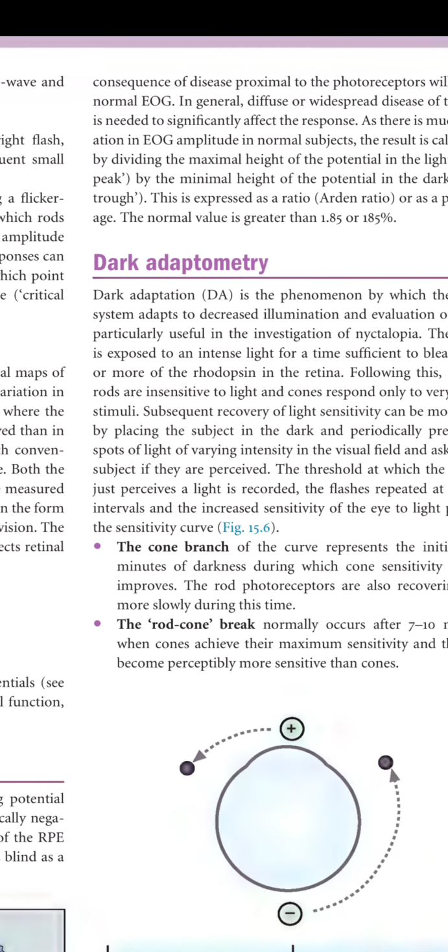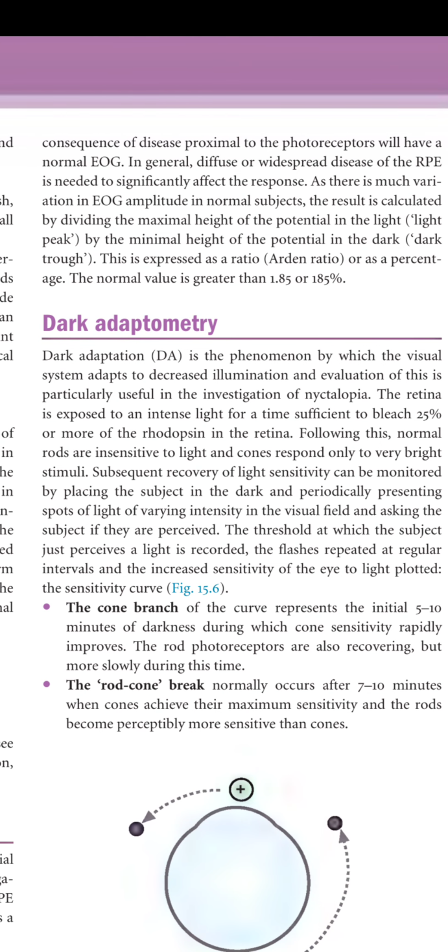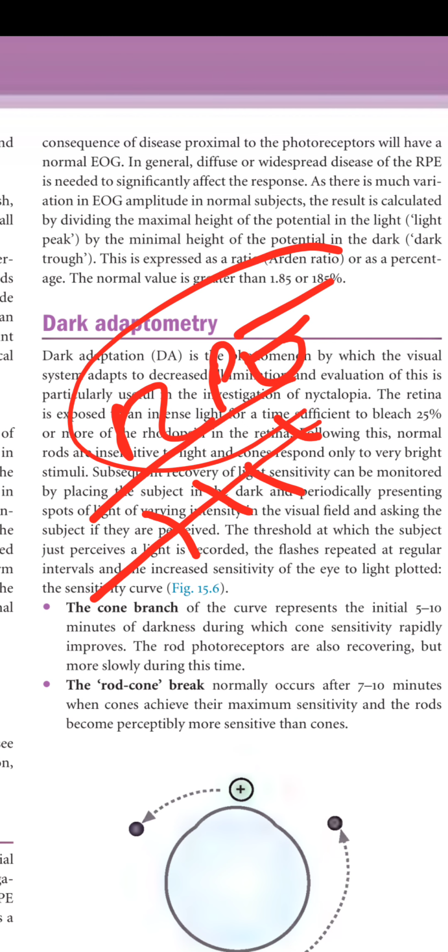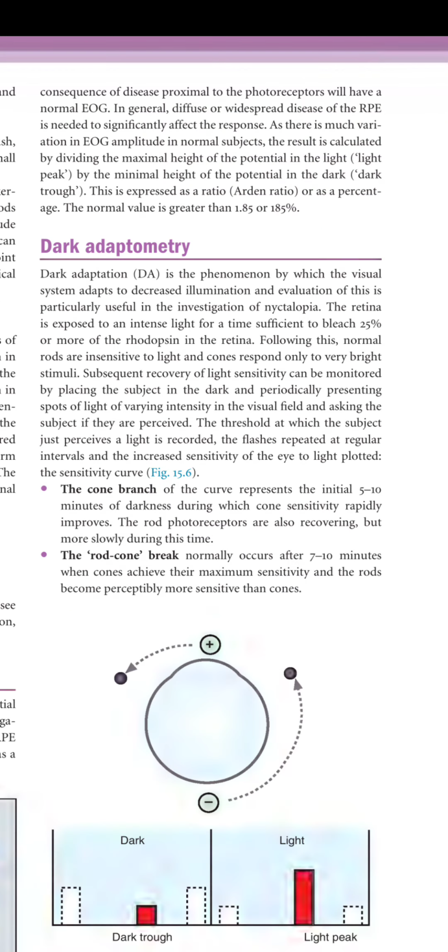So basically it measures the potential of the photoreceptor. If the disease is at the level of the RPE or photoreceptor, meaning they are damaged, then the EOG is affected.